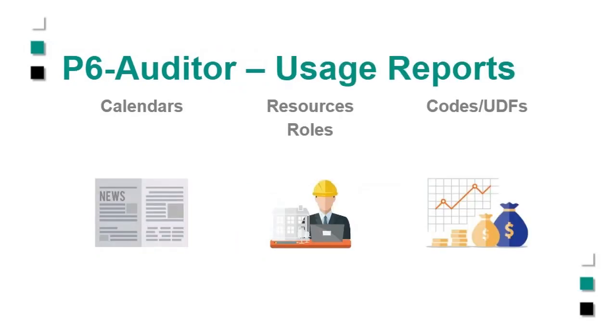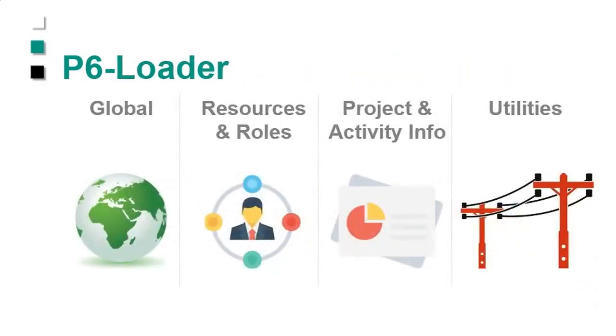And then P6 Loader lets us not only deal with project data, but the big thing here is it lets us get at global data. So things like resource dictionaries, role dictionaries, codes, user-defined lists, etc. That's a big thing, because that's not easy data to get at.